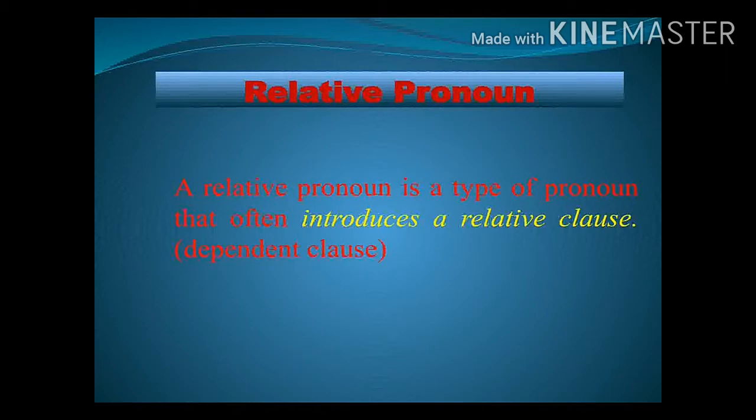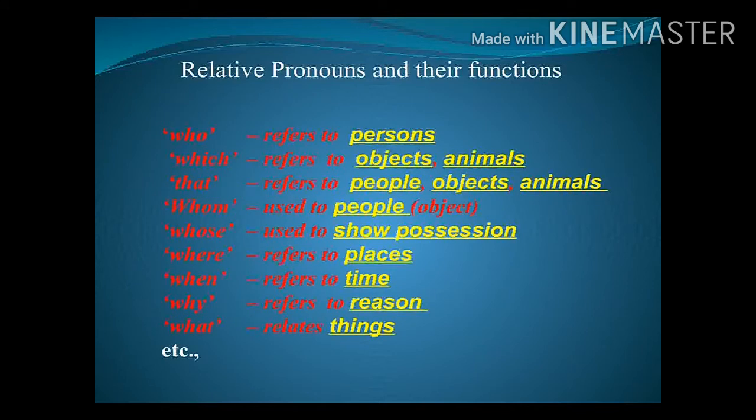Now we will see the various kinds of relative pronouns that we have. Who always refers to a person, which refers to objects, animals, birds. That refers to people, objects and animals. Whom is also used to refer to people.